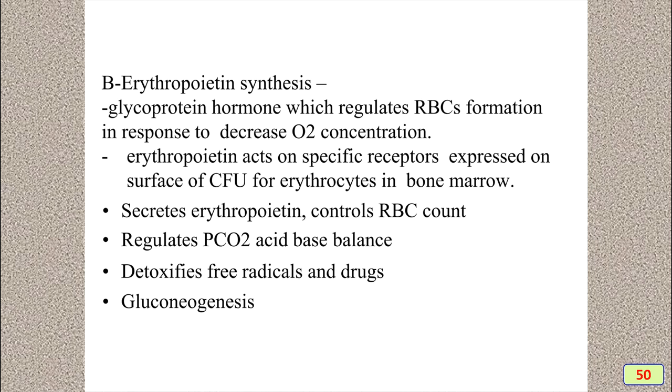Then erythropoietin acts on specific receptors expressed on the surface of the CFU for erythrocytes in the bone marrow, and controls the RBC count, regulates the PCO2 and also the acid-base balance, and detoxifies free radicals like H2O2, and many of the drugs administered have to go to the renal system for clearance.